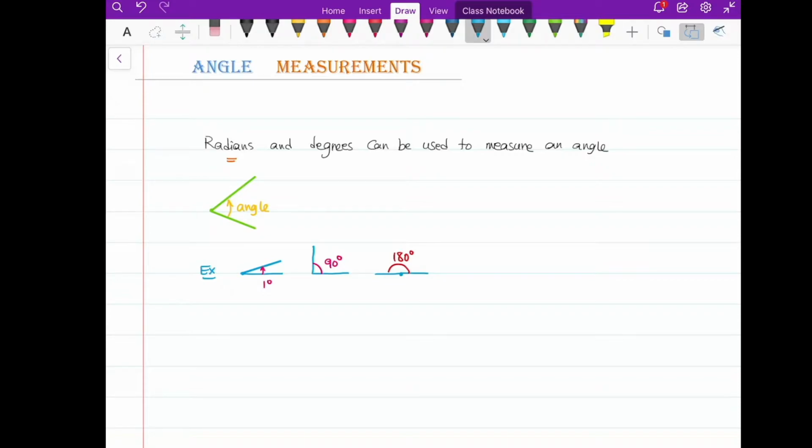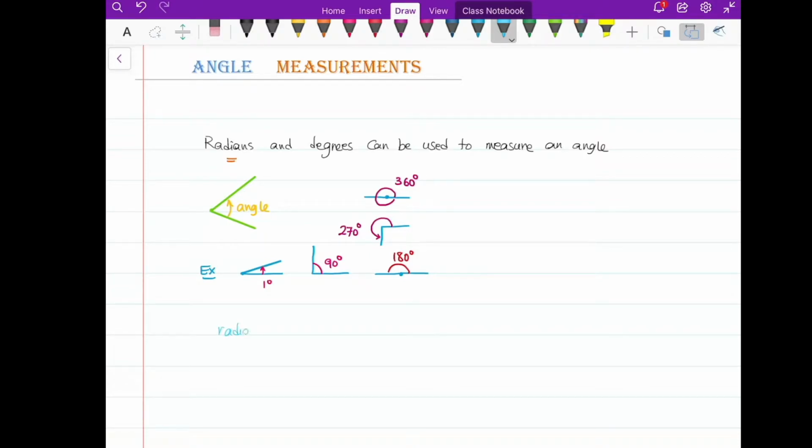We can have an angle starting here up to here, which is 270 degrees, and we can measure an angle starting here that goes all the way to the same point, which is 360 degrees.